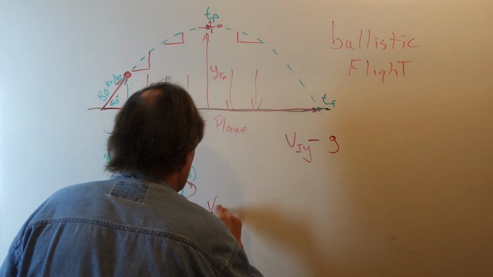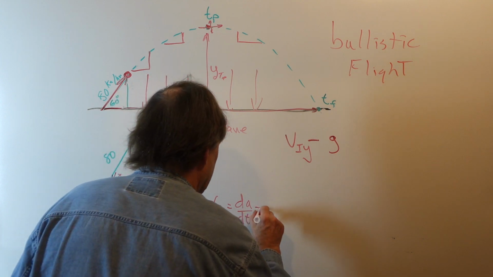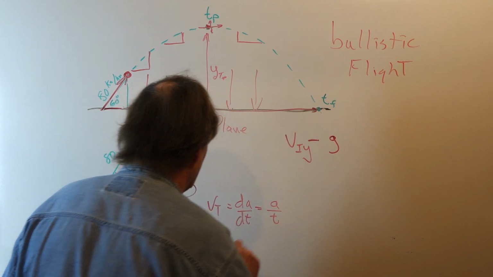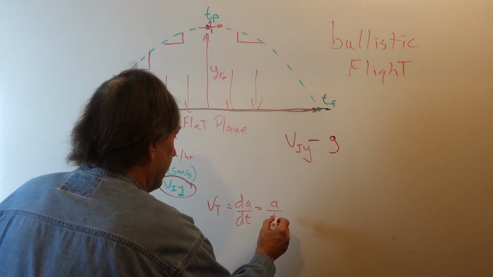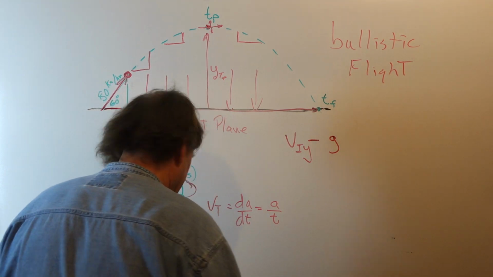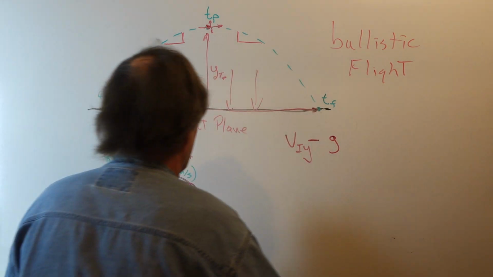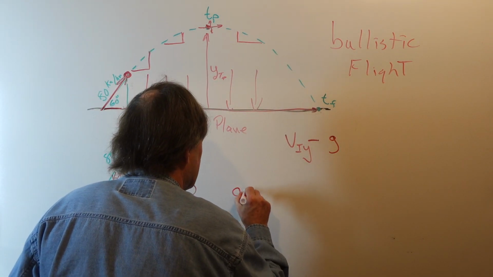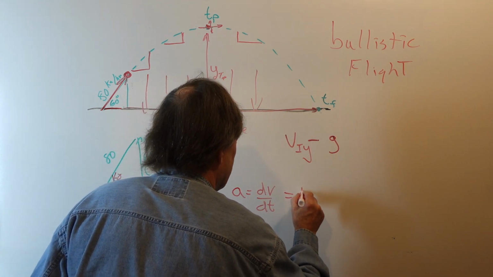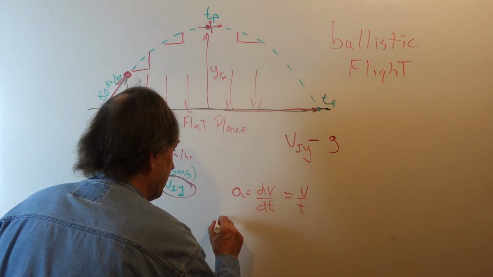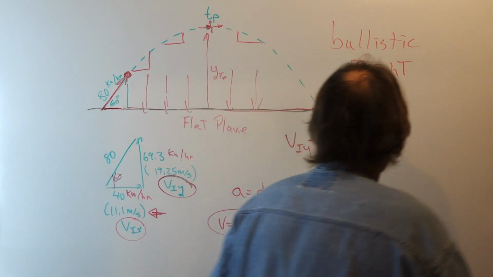Remember, acceleration is a time derivative of velocity with time. So we can say this is velocity per unit time. So the velocity is just acceleration times time. We make use of that fact.